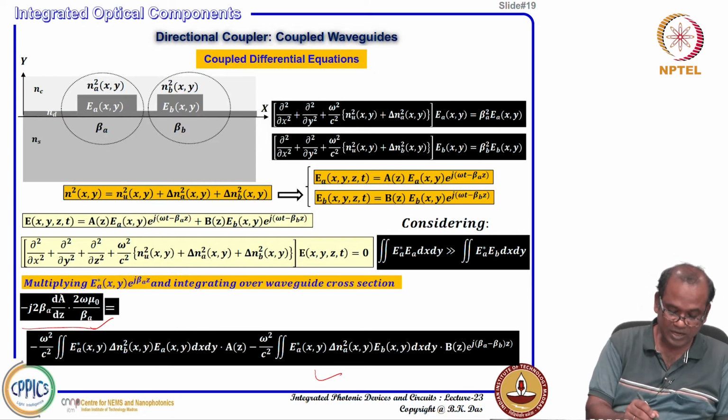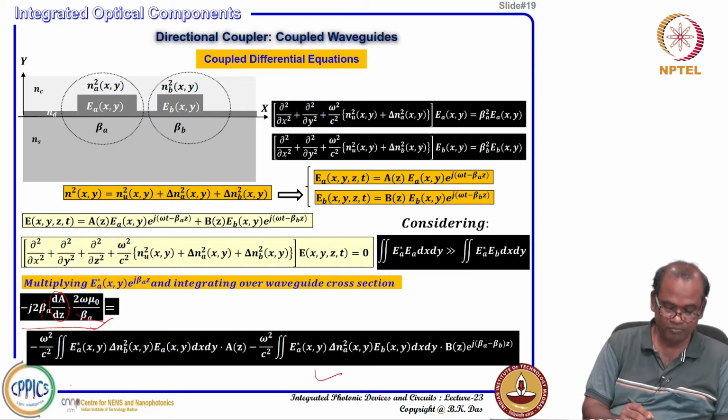Now, on the left hand side I want to keep this one and this beta a cancels, right, and 1 by c square is nothing but mu 0 epsilon 0. That means left hand side mu 0, right hand side mu 0 will be cancelled, and this omega square will cancel one omega.